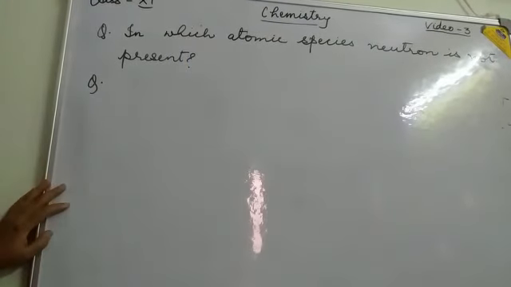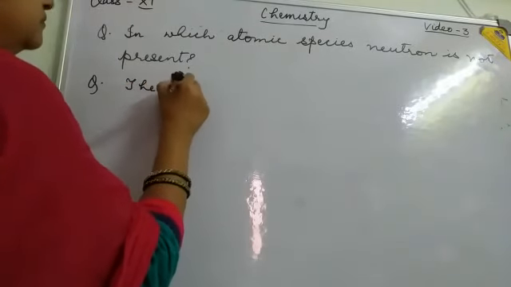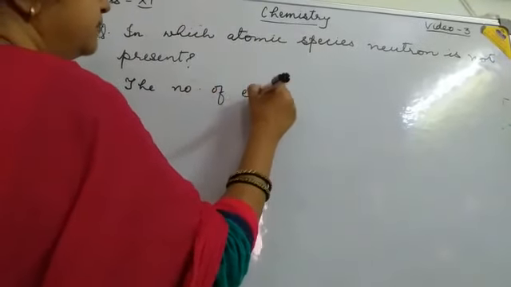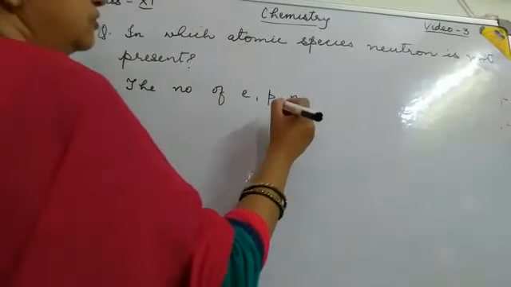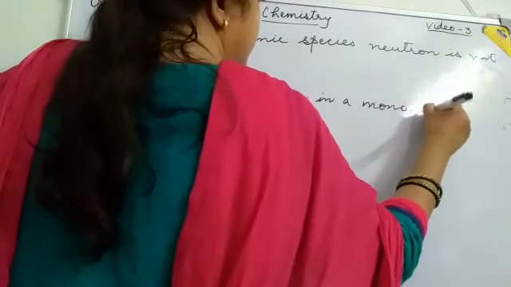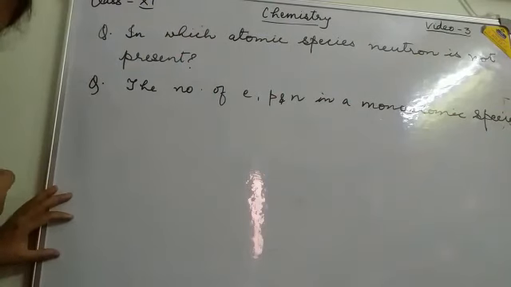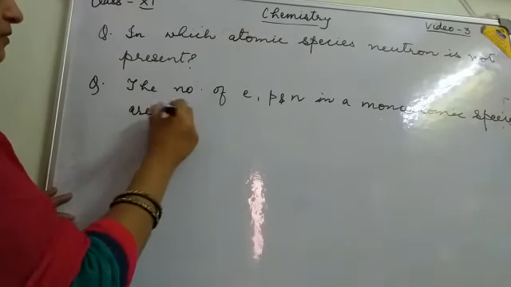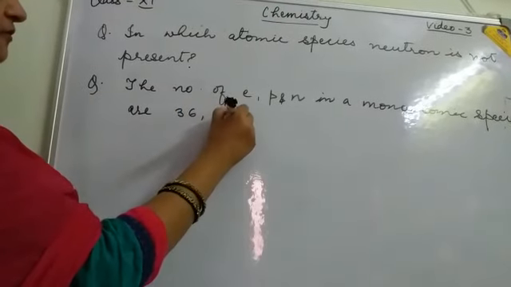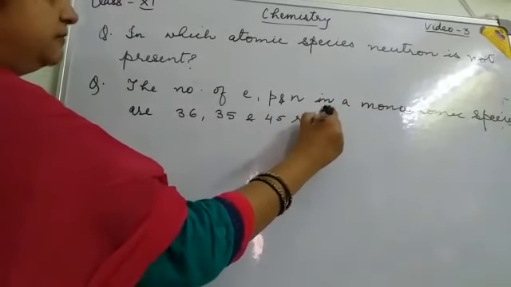Next question is, the number of electron, proton and neutron in a monoatomic species are 26, 35 and 45 respectively.